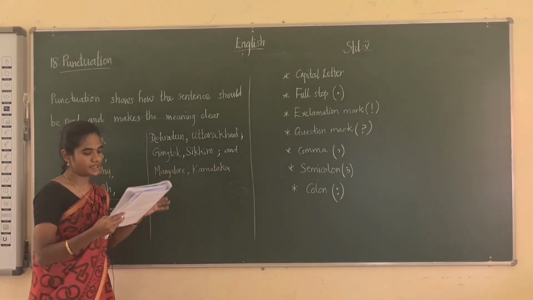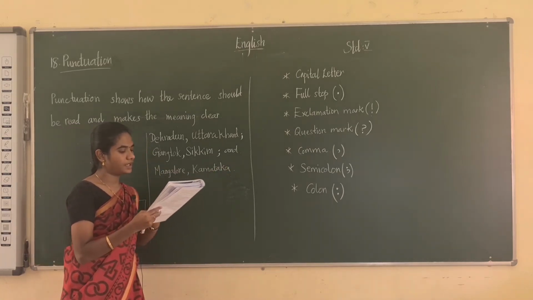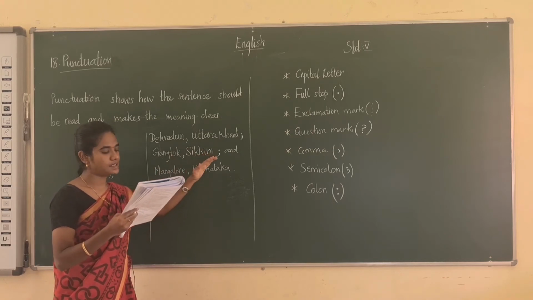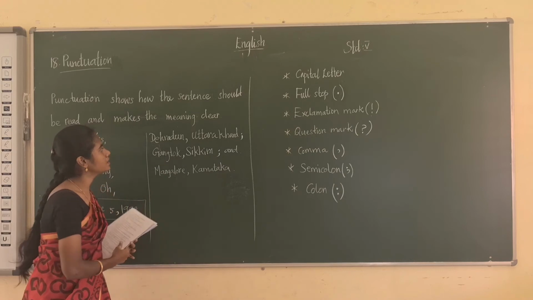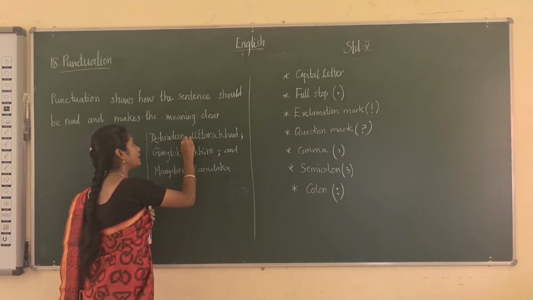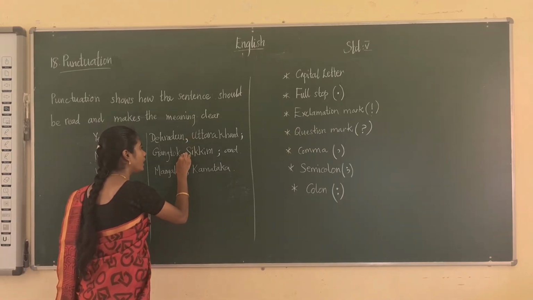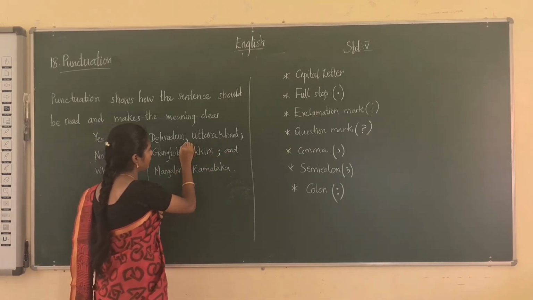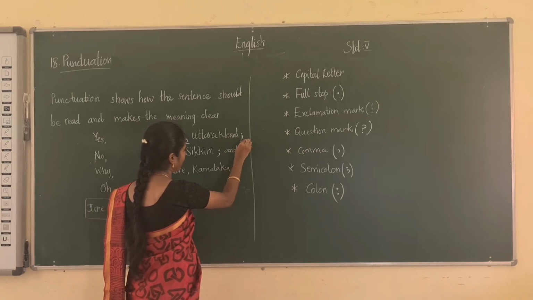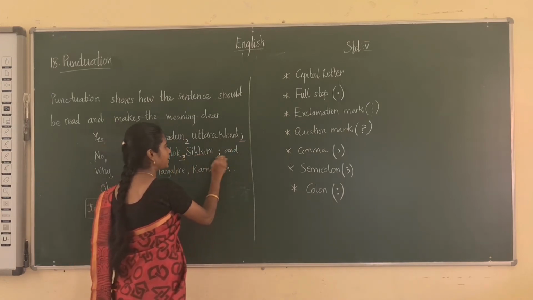Now see here students, here they have given a list. In that list we have to separate words that already have a comma. In this they have a comma, that is Dehradun comma, Gangtok comma. So you have to add the semicolon also. You have to write like this: comma, semicolon, comma, semicolon.